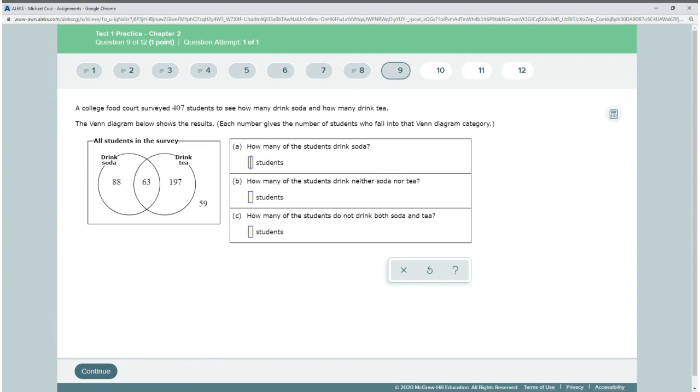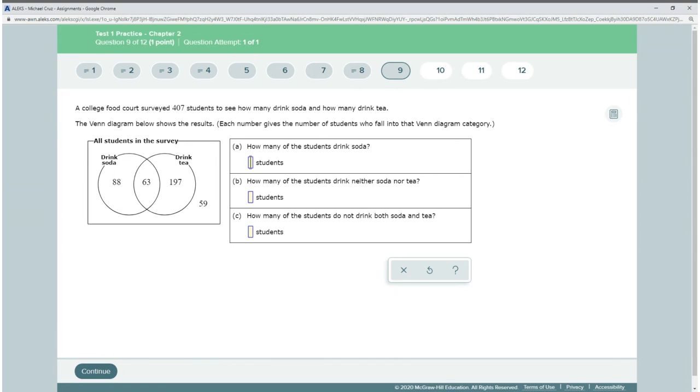All right. So how many students drink soda? 83. What? 88, my bad. I couldn't see it. Okay, it doesn't say drink soda only. It just says drink soda. See, these people right here drink soda. That's 63.